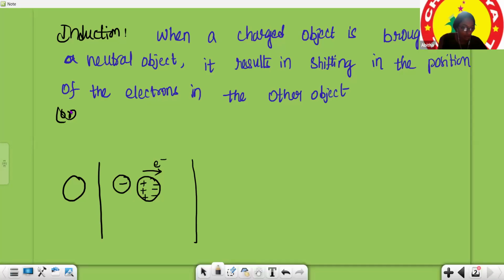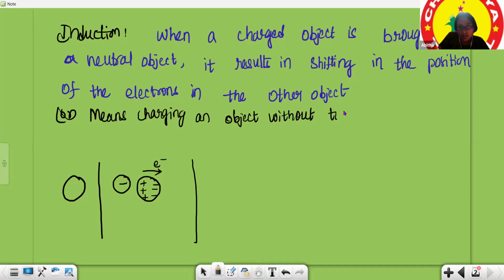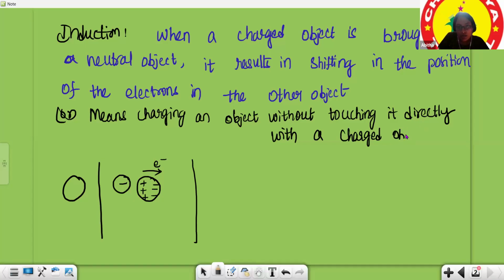That is called induction: charging an object without touching it directly, but with a charged object.